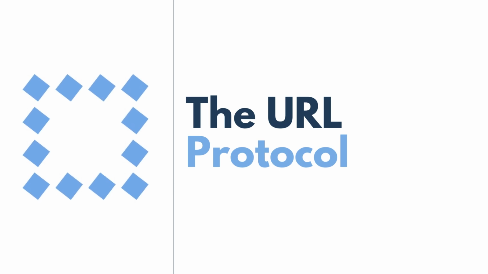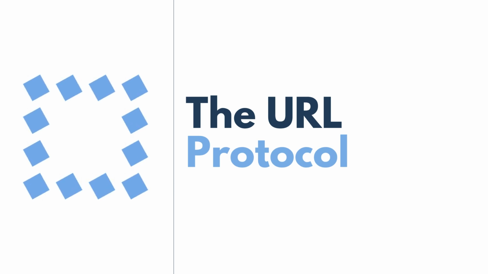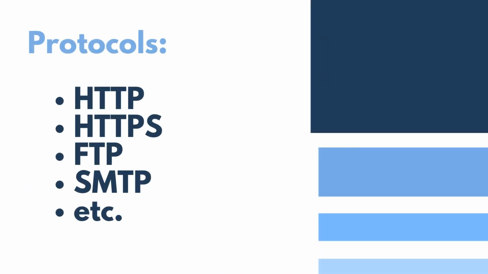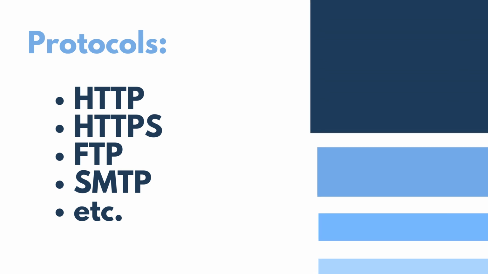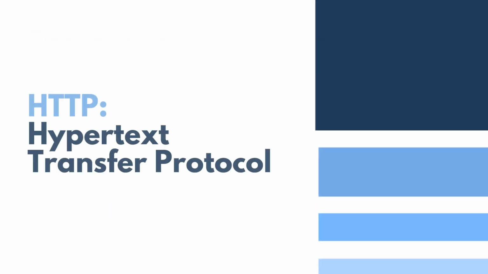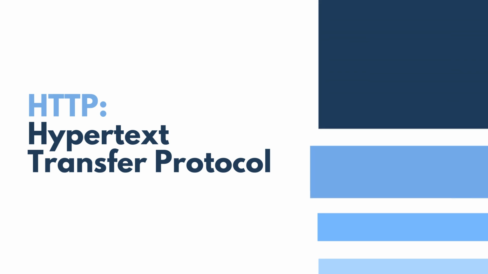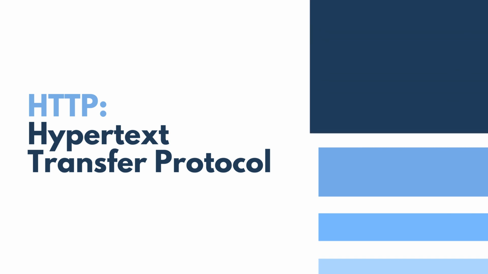The first part of a URL, the protocol. The protocol is the first part of a URL and indicates the method or protocol used to transfer data. The most common protocol is HTTP, Hypertext Transfer Protocol, which is used for accessing websites.